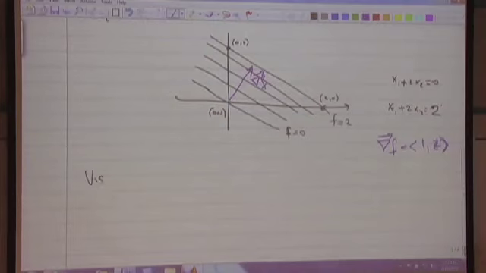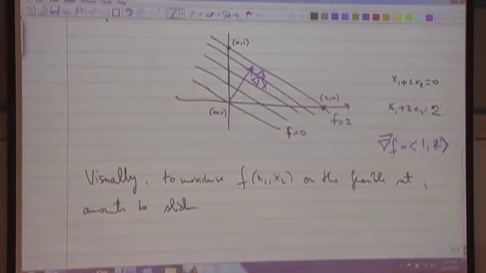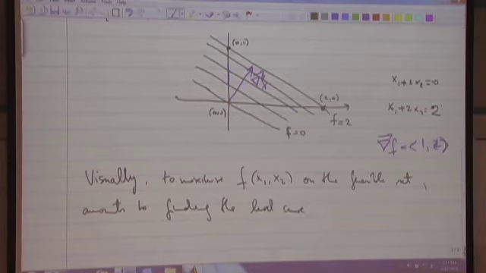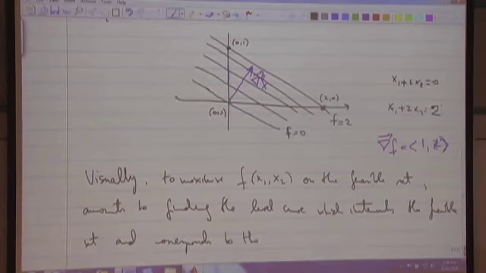So visually, to maximize f of x1, x2 on the feasible set amounts to sliding the level, or finding the level curve which intersects the feasible set and corresponds to the maximum value of f.